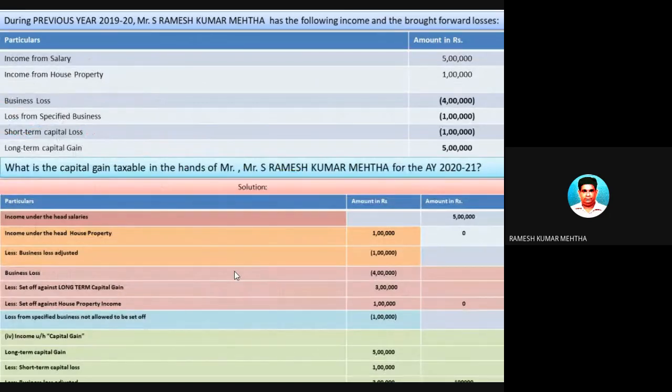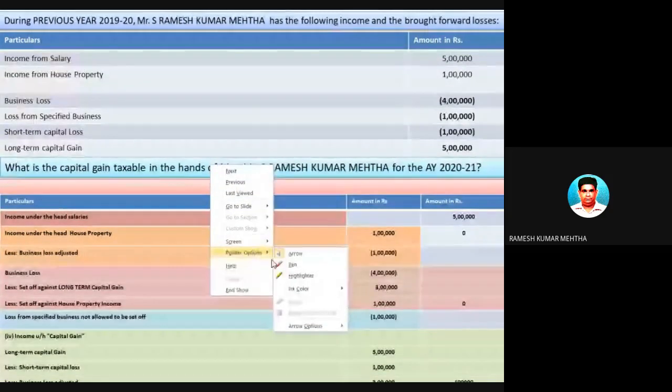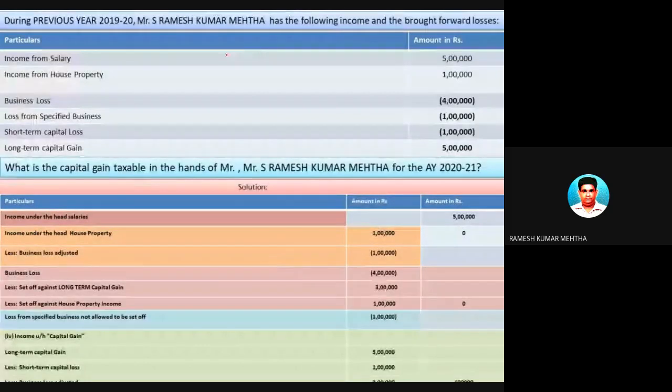The next problem is Mr. S. Ramesh Kumar Mehta, the assessee, and he furnishes the following information about his incomes and brought forward losses. However, it's not apparent on the face of it, and there are no brought forward losses.